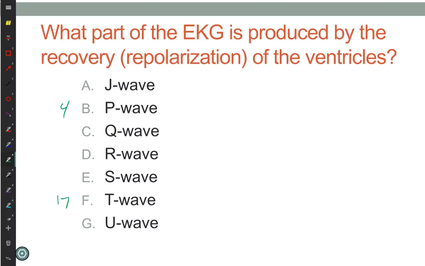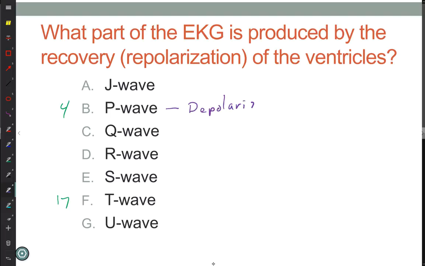So what is a P wave, Jerry? Okay, it's the starting wave, that is correct. And what's going on in the heart at that point? Electricity going to... okay, so it's depolarizing of the atria. Q wave.